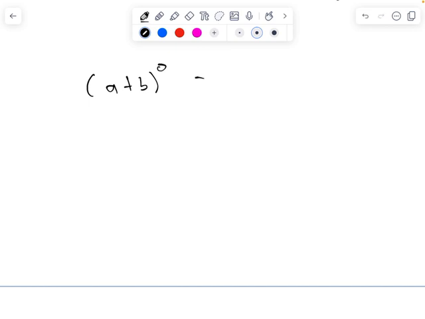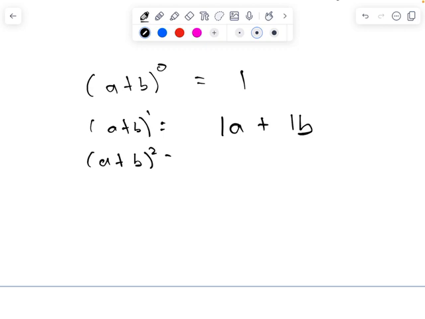A plus b to the 0th is just 1. A plus b to the 1st is just going to be 1a plus 1b. And you'll see why I'm writing those ones there in a second. That's going to turn into 1a squared plus 2ab plus b squared.